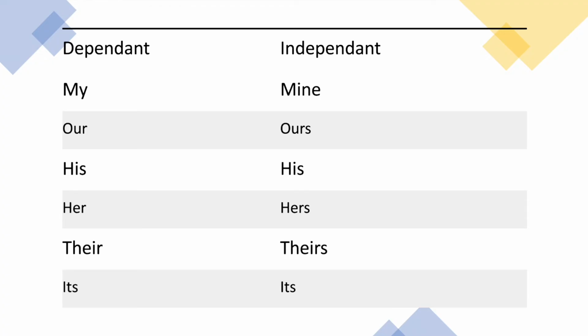And yes, there is a difference. If I want to talk about something that belongs to a group of people and I'm included in that group, I can say our for dependent pronoun, and I can use ours for independent pronoun.